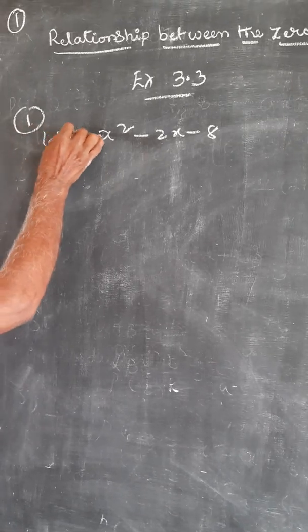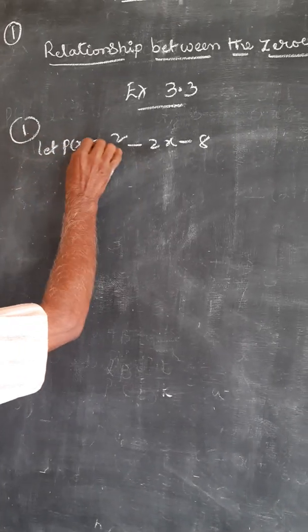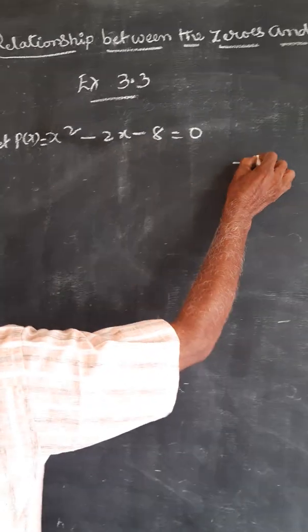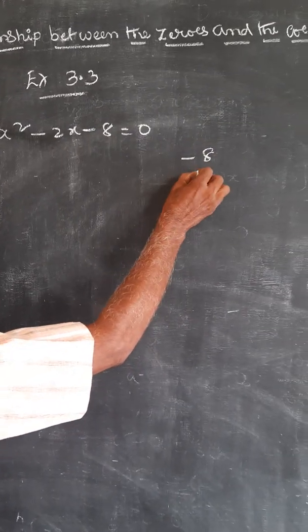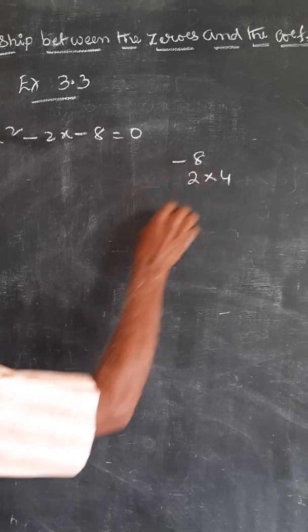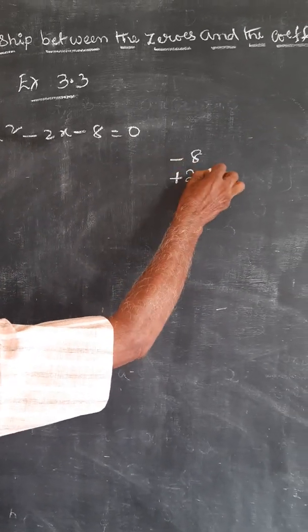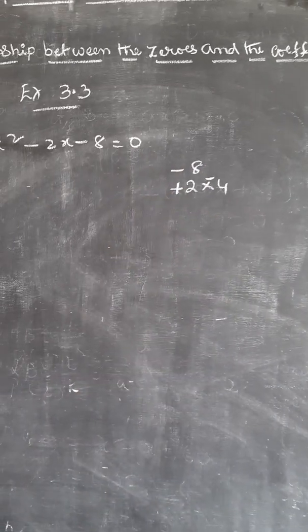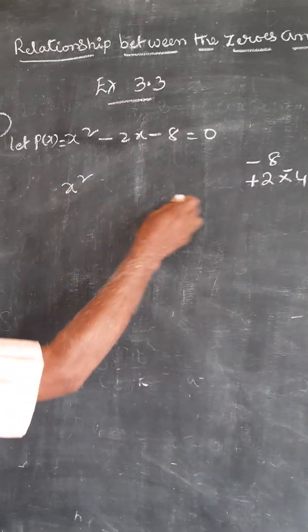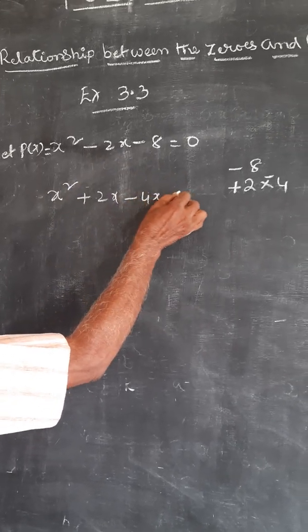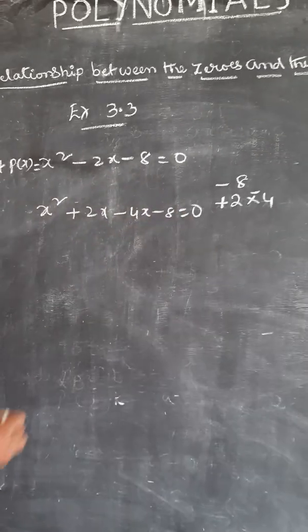To find the zeros, let p(x) = 0. What is the constant number? -8. Split into factors: 2 × 4 is suitable, but we want -2, so take +2 and -4 as the signs. Write the middle term: x² + 2x - 4x - 8 = 0.